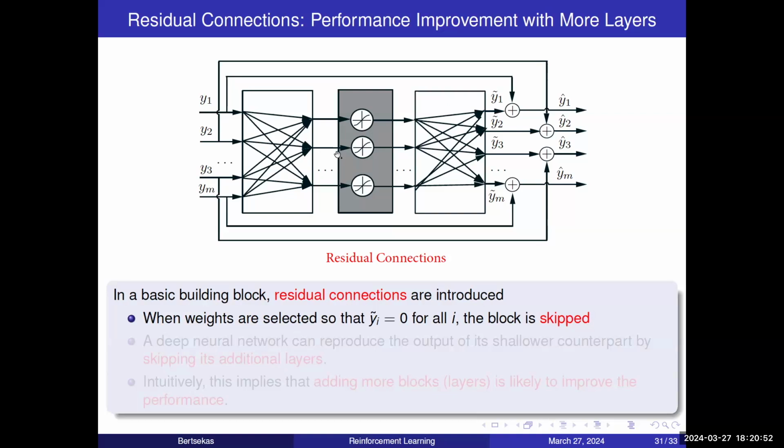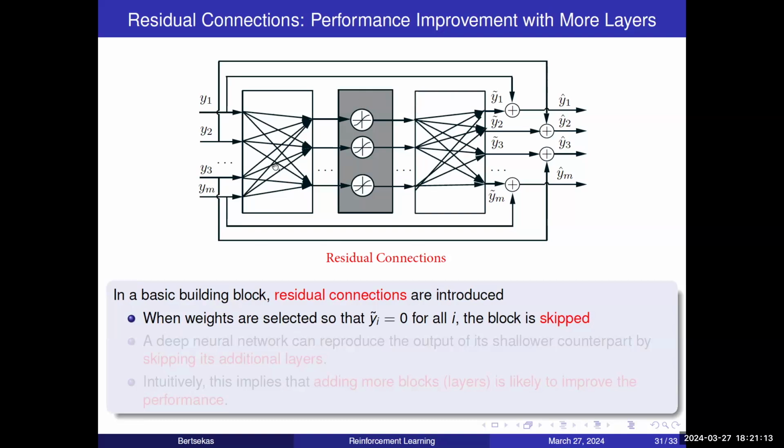A very insightful idea that came about is how one can design an architecture so that the deeper the network is, it is guaranteed to at least not perform worse than its shallower counterparts. So they came up with this basic building block architecture.